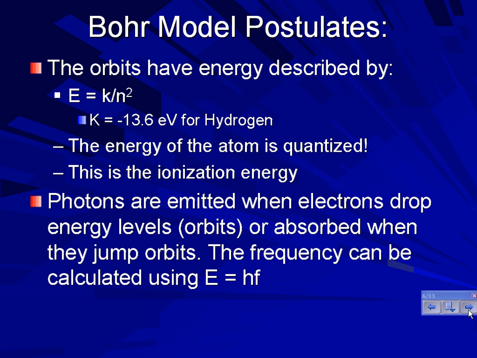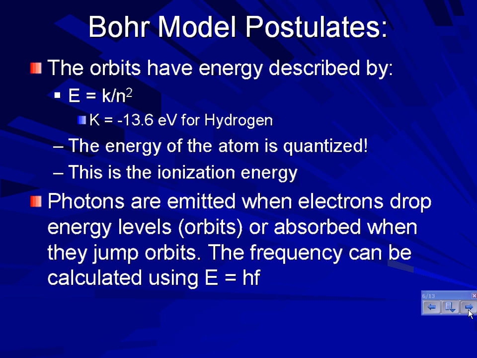That difference in energy equals hf, and that's the frequency of the photon absorbed, or the frequency of the photon emitted. And this explains spectral lines. This explains why we don't have continuous spectra, why we have very specific spectral lines associated with each atom, because you have very specific energy levels for each orbital, and photons will only be absorbed or emitted when the electrons jump between those specific orbitals.